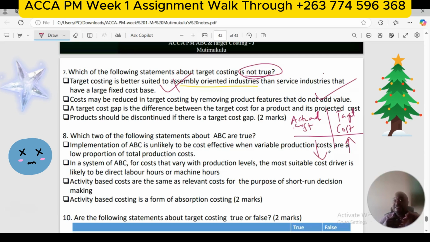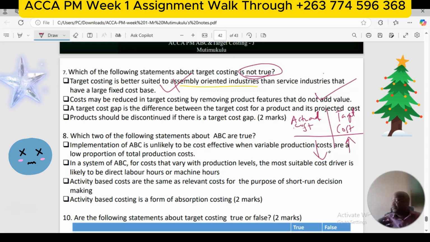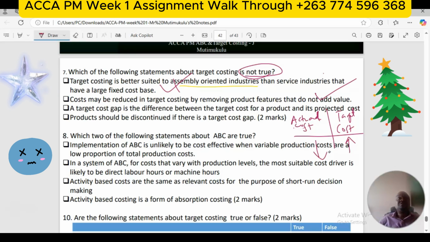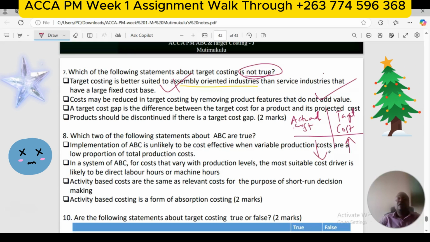And one of the situations which might give rise to this is when we are incurring unnecessary costs, maybe due to the features which are on the product which are not adding value. Adding value in the sense of we are not going to increase the margins. Why? Because the selling price itself is determined by the market forces, is fixed, or the demand is elastic. When you increase the price, no one is going to buy. So in that case, we are then going to cut costs by removing unnecessary features.